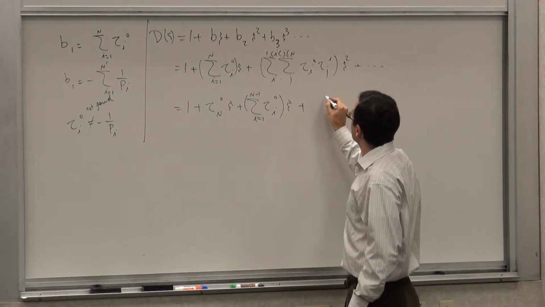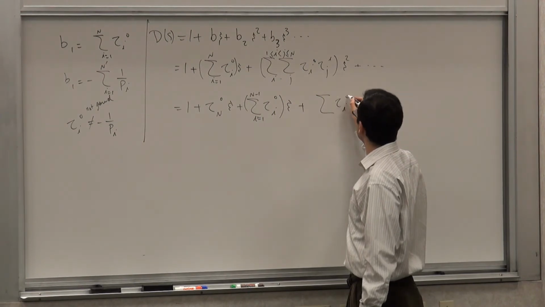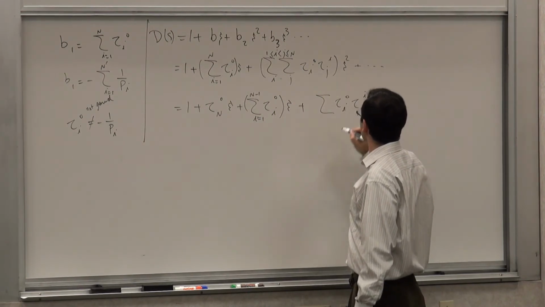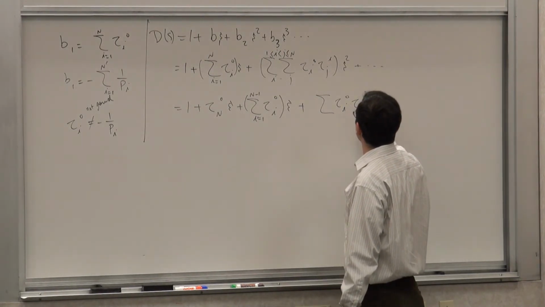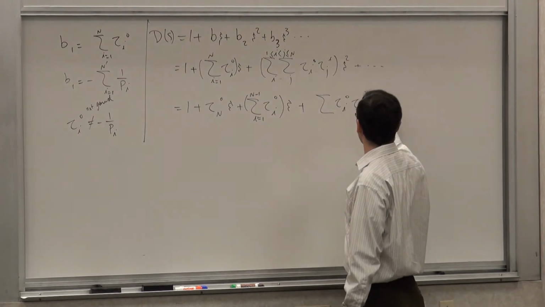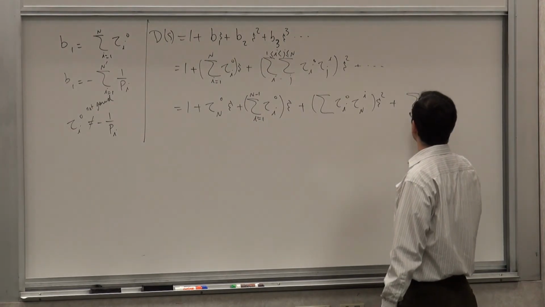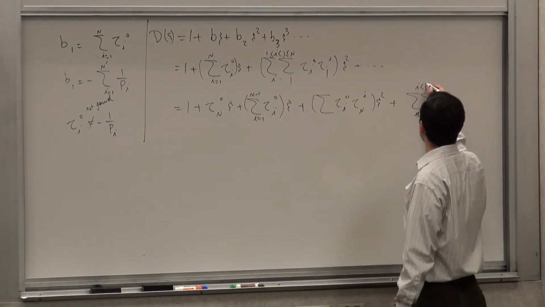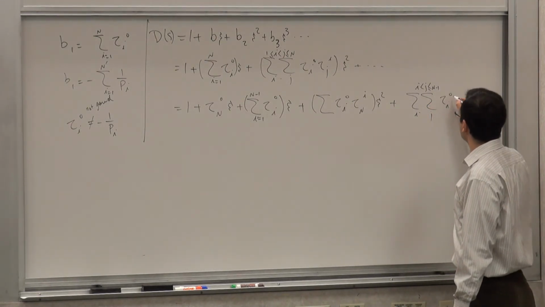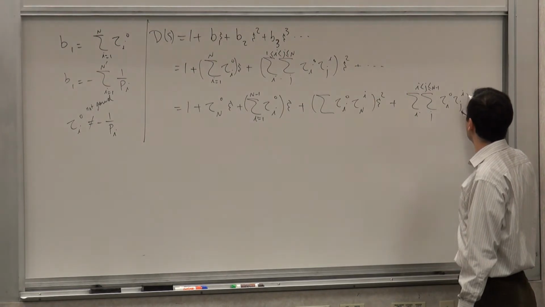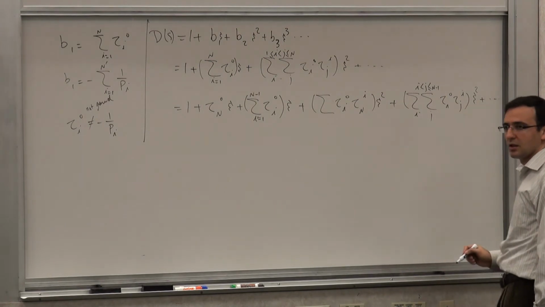So this becomes the sum of tau i0 tau ni, going up to n minus 1 in this case, and tau i0 tau ji, s squared plus higher order terms.